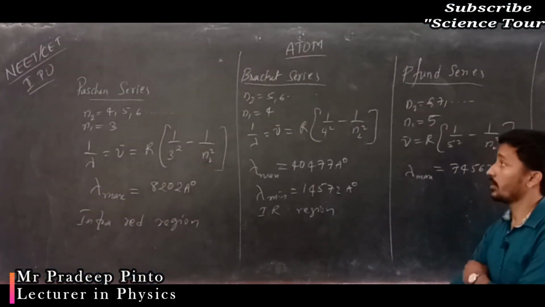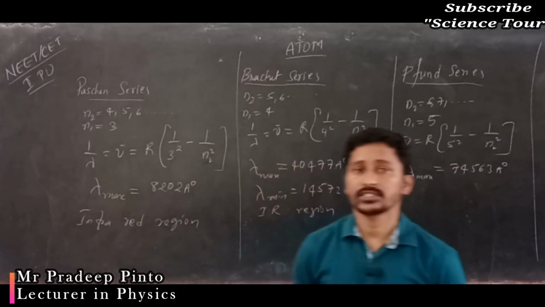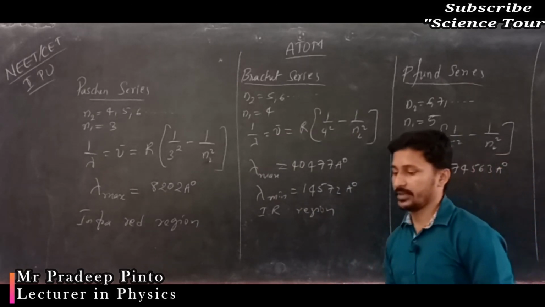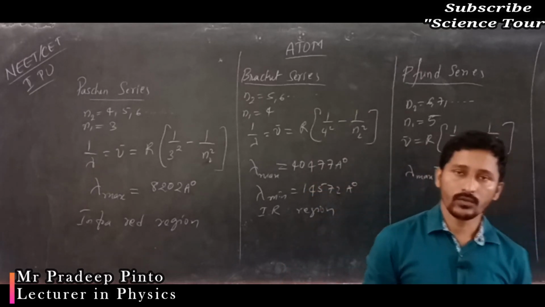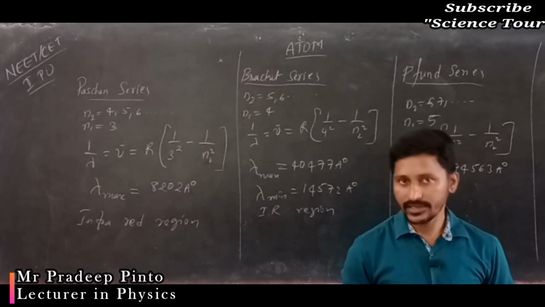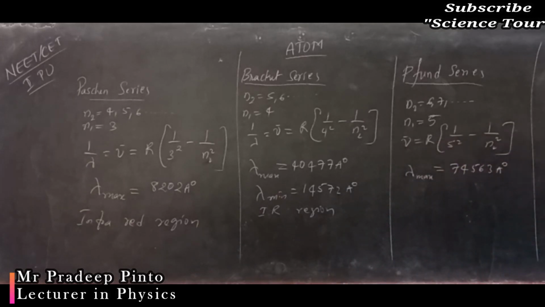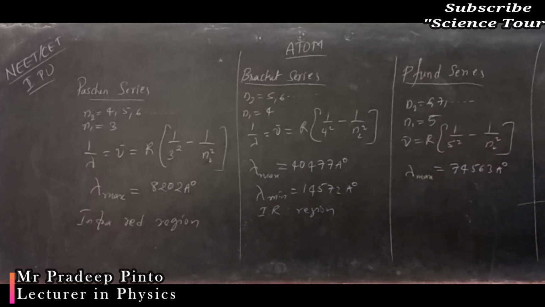We were talking about atoms, some of the NEET topics. We have discussed the atomic spectrum, the line spectrum of hydrogen. Line spectrum of hydrogen means when the hydrogen atom electron jumps from a lower state to a higher state and comes back to the lower state, it will emit that energy, and that energy is given out as radiation.